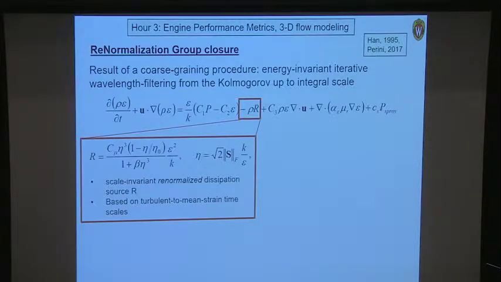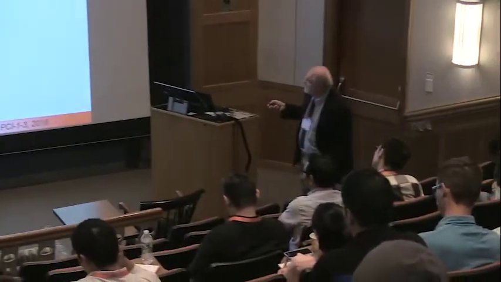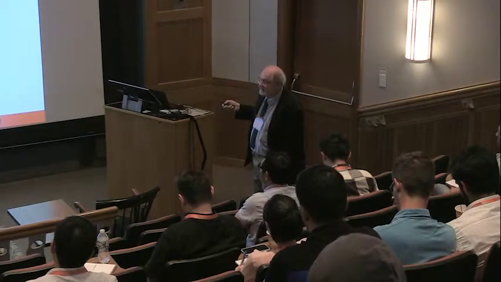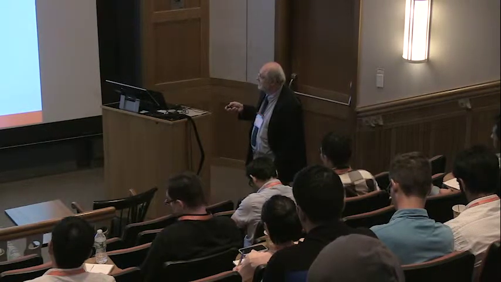So you can imagine a case where the flow timescales are much larger than the turbulent timescales. That appears then as its influence on this parameter R, which then decreases the rate of turbulent dissipation rate change. So that's a modeling improvement that allows you to essentially account for variable strain rates in a turbulent flow.